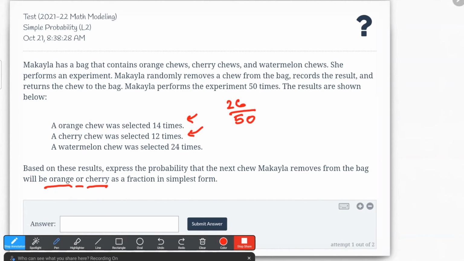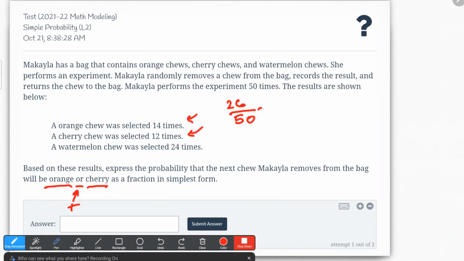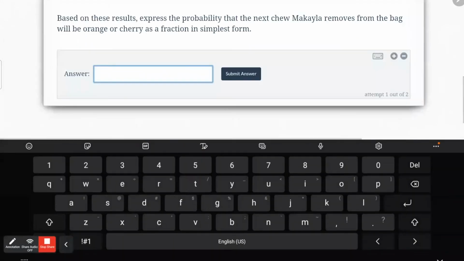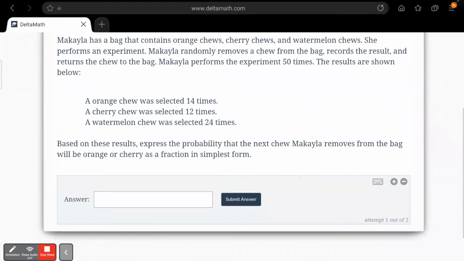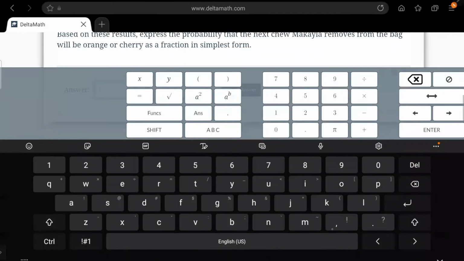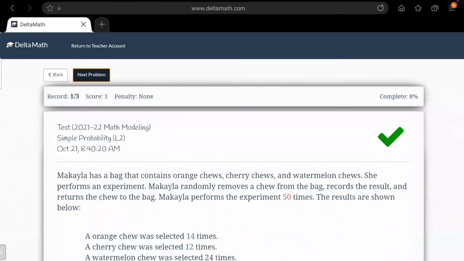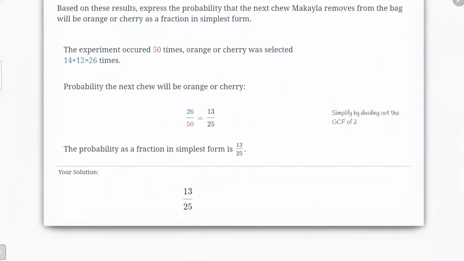And I'm just adding those two together, right? Because it's or, and most of the times when we think about or, we mean plus. So it'll be 26 out of 50, but we need to reduce this fraction. Both are divisible by 2, so you end up with 13 over 25. So the answer would be 13 over 25. And you can see in this case, orange or a cherry.